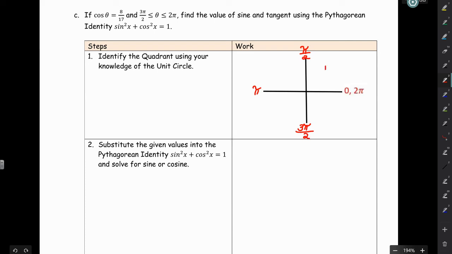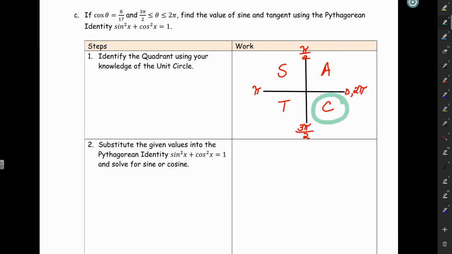In the first quadrant, everything is positive. In the second quadrant, only sine is positive. In the third quadrant, only tangent is positive. And in the fourth quadrant, only cosine is positive. We're being told that we're between 3 pi over 2 and 2 pi. So we're going to be working in the fourth quadrant.